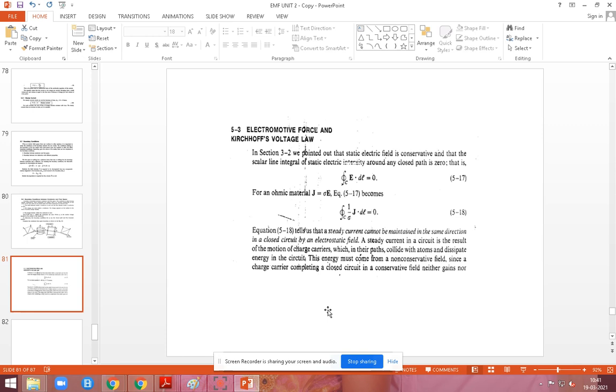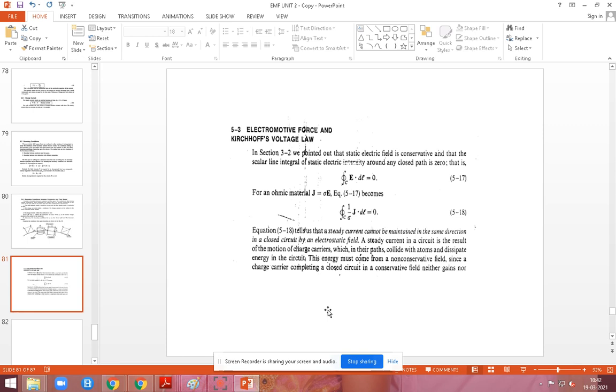The same thing is considered in defining the electromotive force also, that is represented by the equation integral E dot dl equal to 0. Okay, integral na integrating all the voltage values. E is nothing but the voltage in terms of electric field intensity, will be equal to 0.